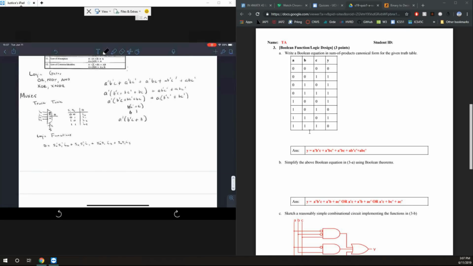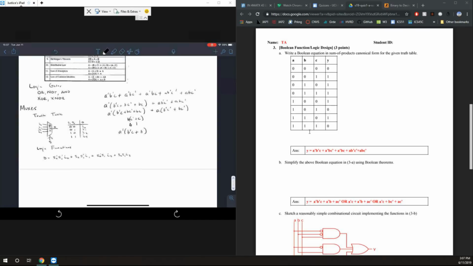Either way, you can take out the A C, which is also 1, so then you get A C here.